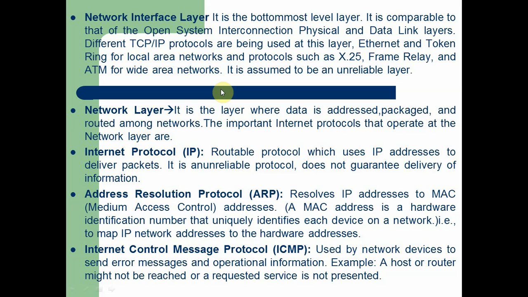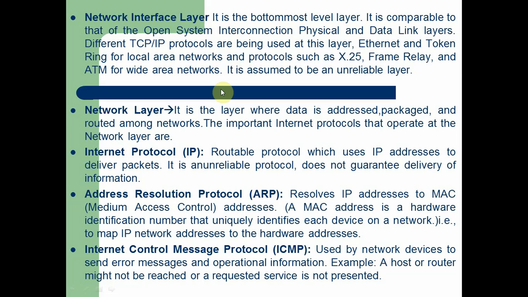A MAC address is a hardware identification number that uniquely identifies each device on a network. So that is to map the IP network address to the hardware address. ARP is used to identify each and every hardware in the network by their unique number.